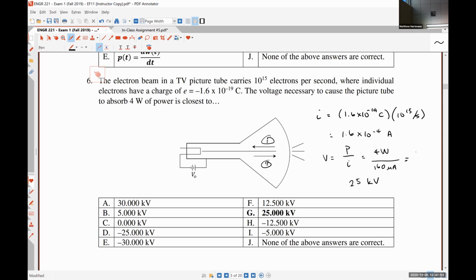So in a case like that, if this charge is positive, then this current is also positive, which means it's flowing out.